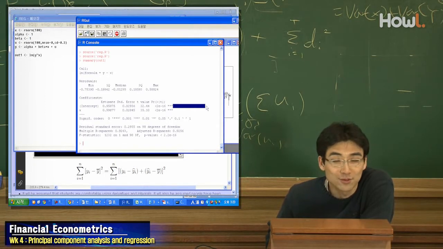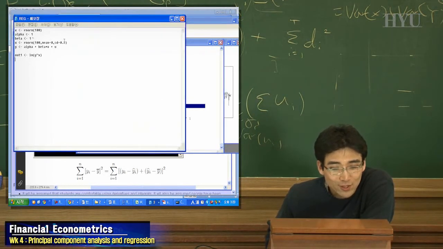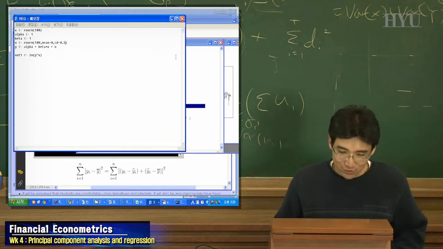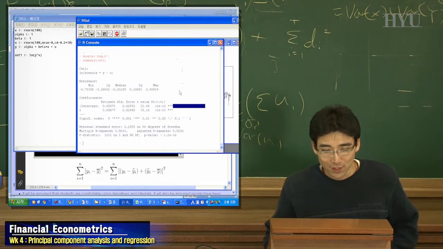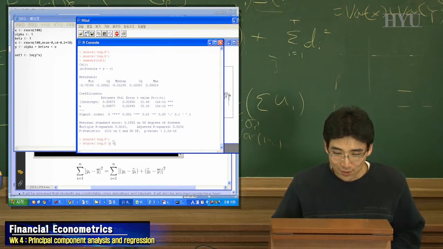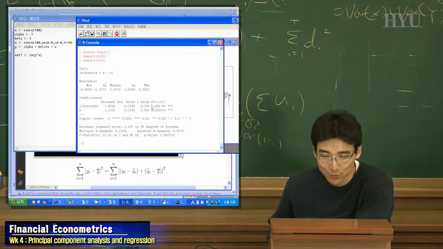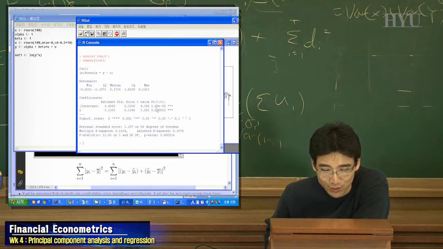Do you understand what I did? Okay, and next, let us increase the standard deviation 10 times. Then this should be less significant, right? So we run the regression again. Slightly, still it is significant, but it is less accurate.